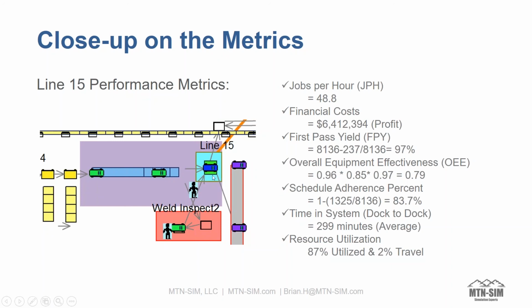Our first pass yield. So we learned that vehicles that get flagged for quality issues, such as scrap or rework, is going to impact our first pass yield. In this case, we're showing a first pass yield of 97%. Our overall equipment effectiveness, that is our availability, which is this line might be running at 96% availability.